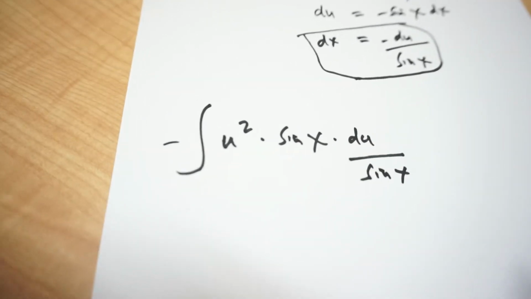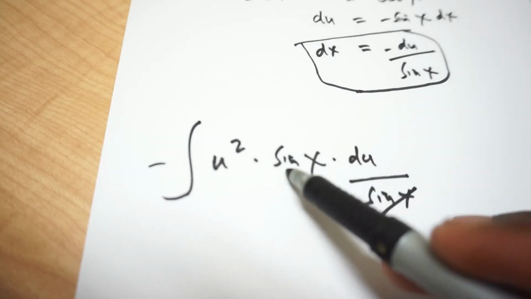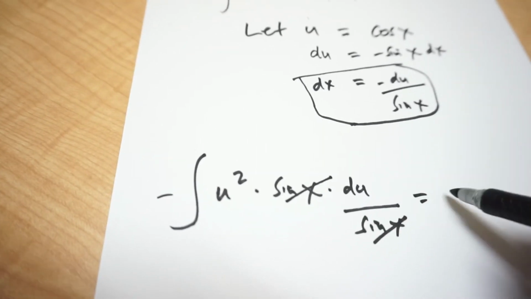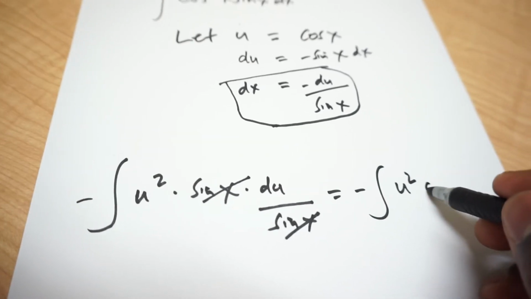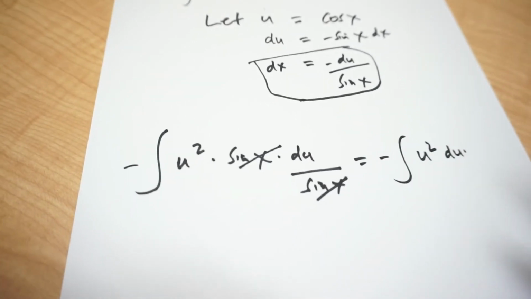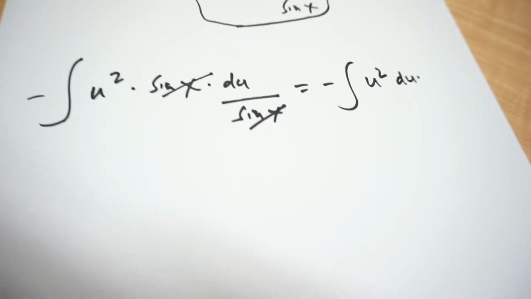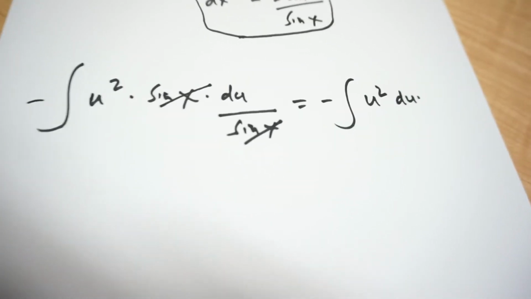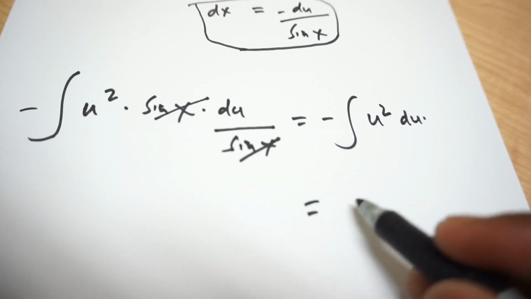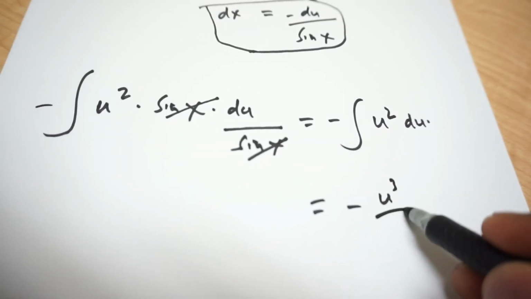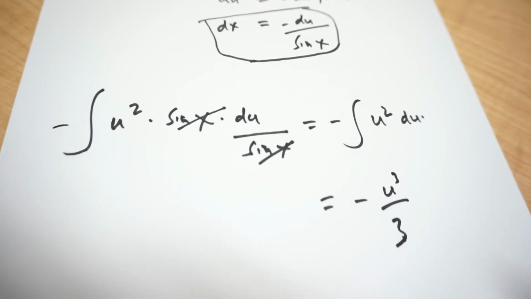Alright? So obviously here this will cancel, and that will just leave me with a negative u squared du. And this is just basic integral. Anybody can do this, alright? So this will wind up being negative u cubed over 3.